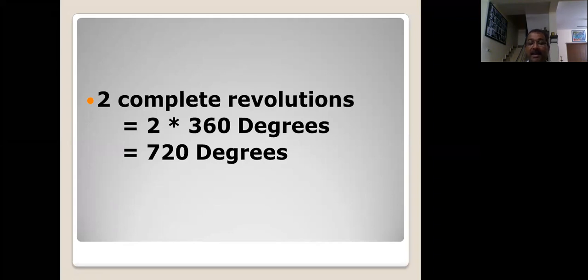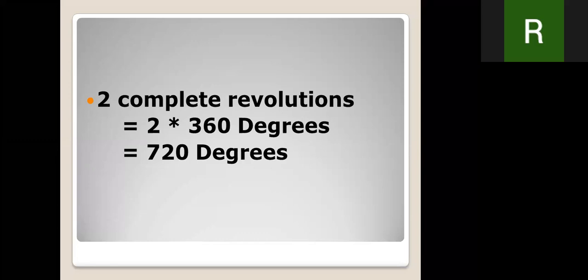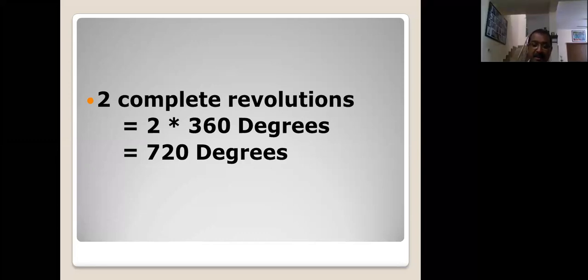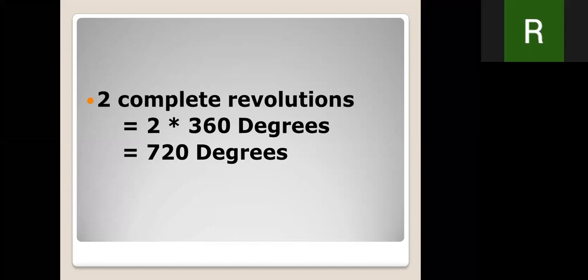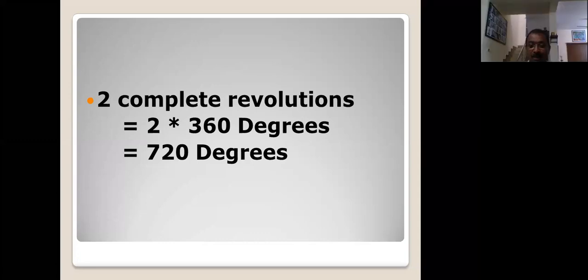How many degrees are inscribed by a right angle? 90 degrees. Correct. In a circle, how many right angles are there? Four right angles. So 90 into 4 is 360. One circle means 360 degrees.